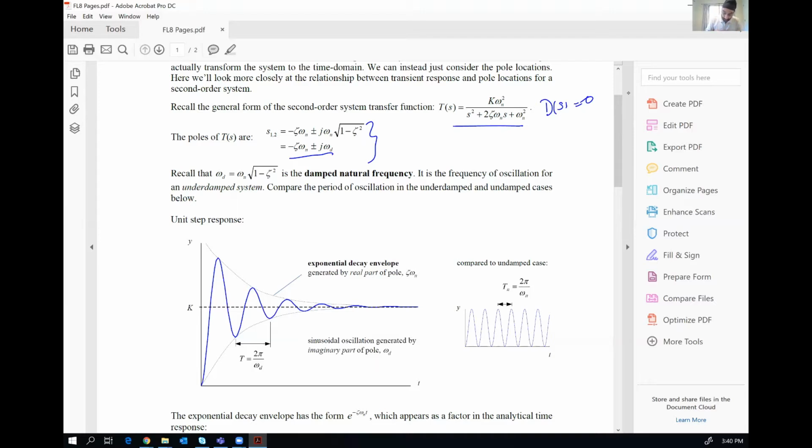Notice that the real part of the pole is zeta times omega n, and the imaginary part is omega n times square root of 1 minus zeta square, which is referred to as the damped natural frequency.